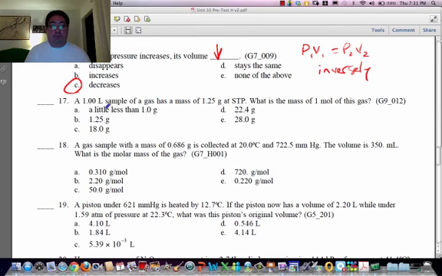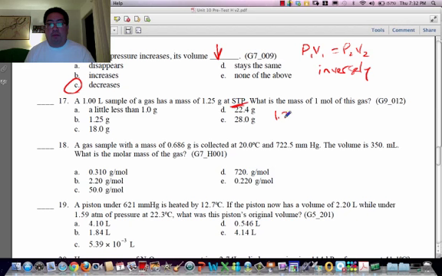For 17, this one's kind of weird. There are several ways you can solve this, but the easiest way is to probably just make a relationship. Pressure and volume and the amount of gas are basically going to be the same here because of this STP thing.